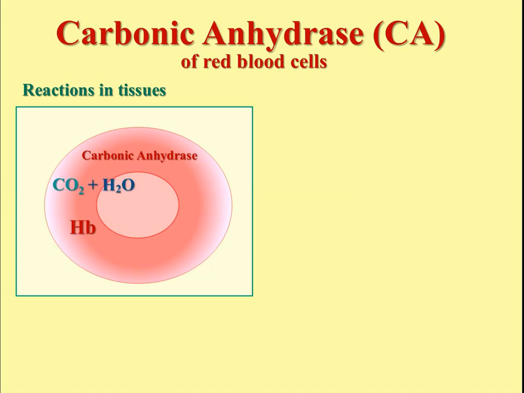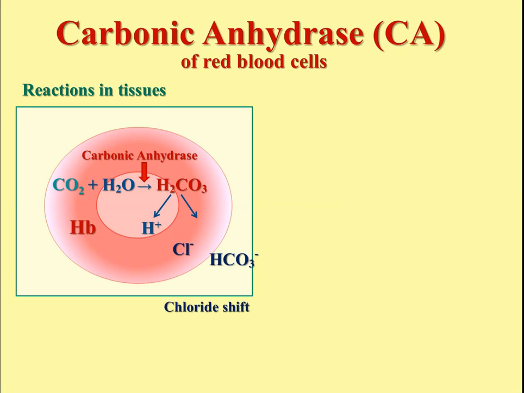When CO2 enters, carbonic anhydrase immediately produces the reaction of formation of carbonic acid, and H plus ions are formed as well as HCO3 minus. The HCO3 minus anion is moved out of red cells into blood plasma in exchange with chlorine. This is a specific exchanger with chlorine. And H plus ions, which can create serious acidification of blood, are bound by hemoglobin.